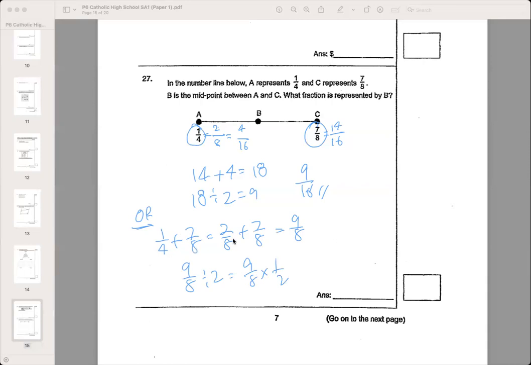Flip the 2 and make it half. And then multiply, you get 9 over 16. Okay, so you add up the 2 fractions, then divide by 2. So this is what you should do since you already learned how to multiply and divide fractions. Now let's continue with question number 28.